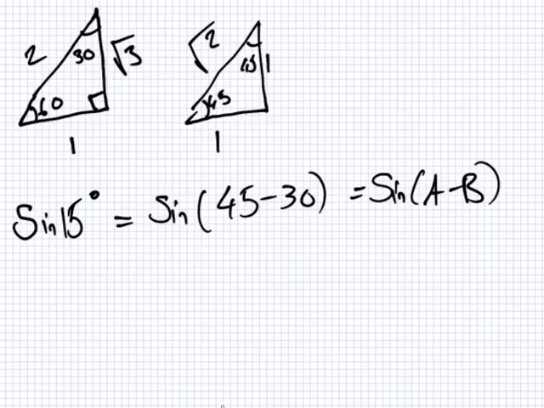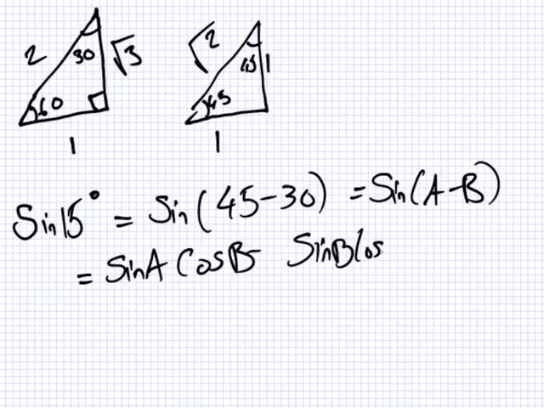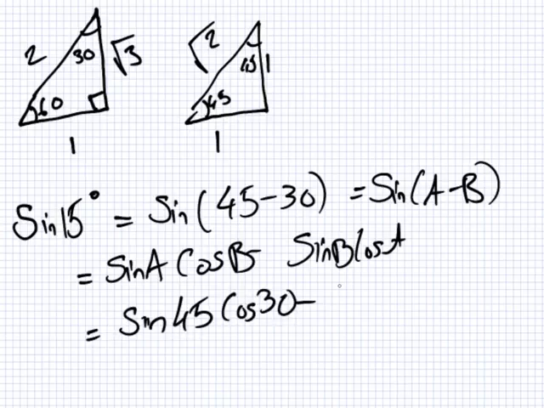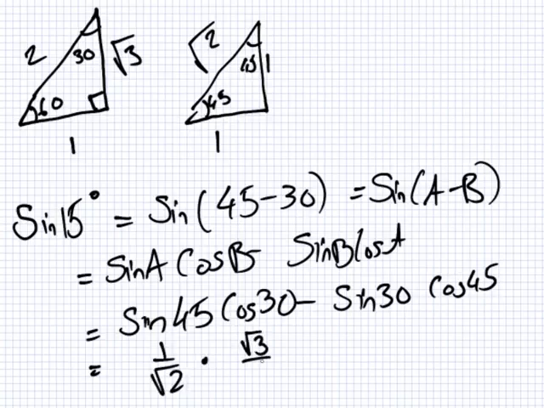So we can use our compound angle formula: sine A cos B minus sine B cos A. So that's sine 45 cos 30 minus sine 30 cos 45. And if I look at my triangle, sine 45 is 1 over root 2, cos 30 is root 3 over 2, sine 30 is 1 over 2, and cos 45 is 1 over root 2.